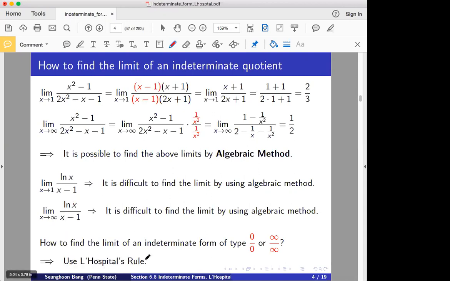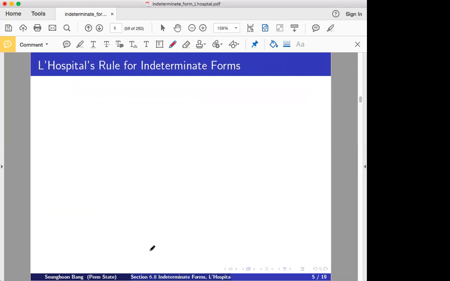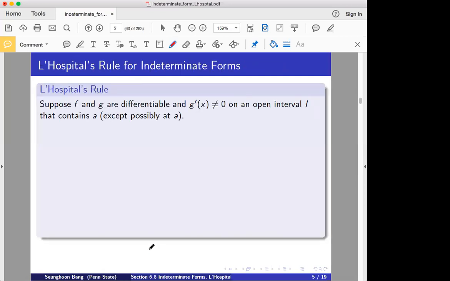We can use L'Hopital's rule, the main topic in section 6.8. What is L'Hopital's rule? Suppose functions f and g are differentiable, and g prime of x is not equal to 0 on an open interval I that contains a, except possibly at a.